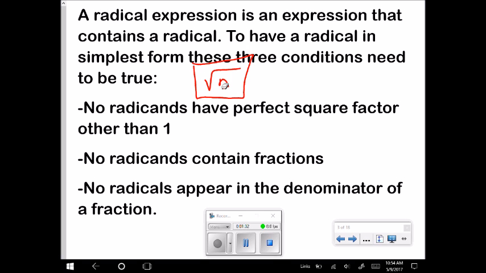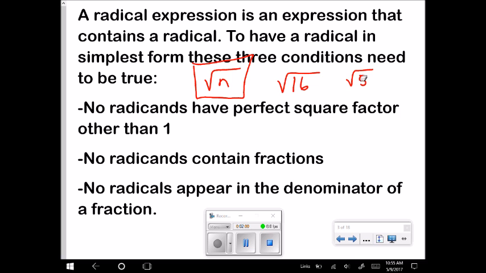To have a radical in simplest form, these conditions need to be true. No radicands can have perfect square factors other than 1. So inside my radical, this n value cannot be like 16, because we can simplify that. It can remain if it's something like 5, because that's not a perfect square.